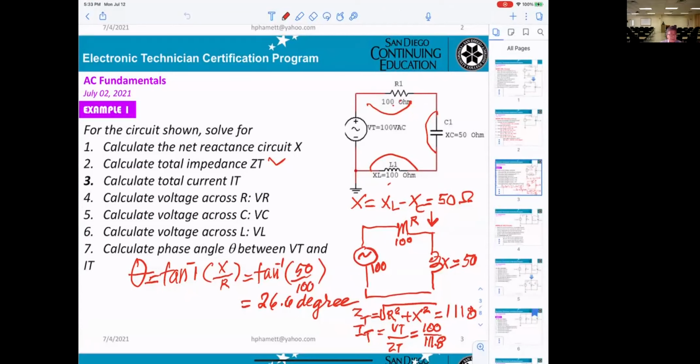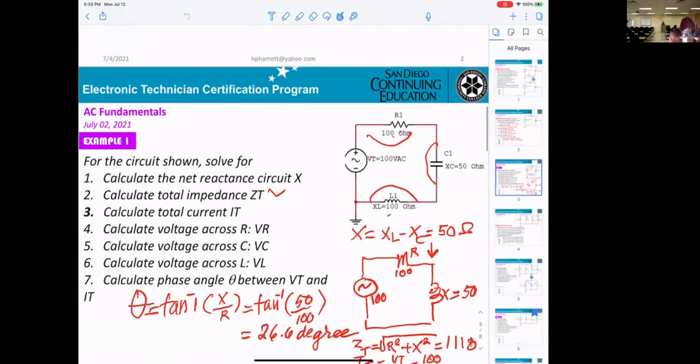Okay, today we try to complete RCL circuitry, either parallel or serial.